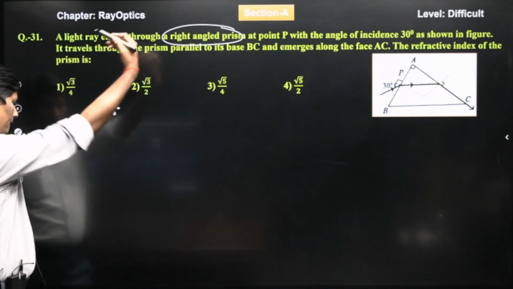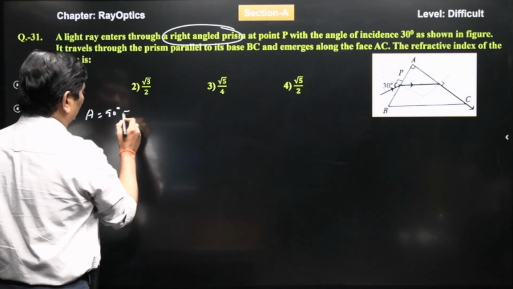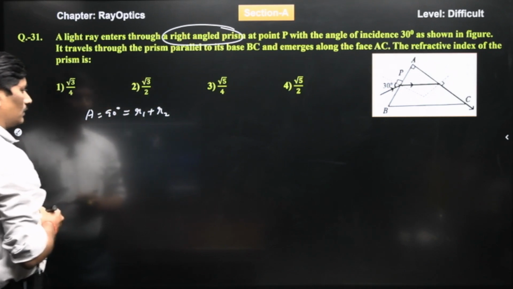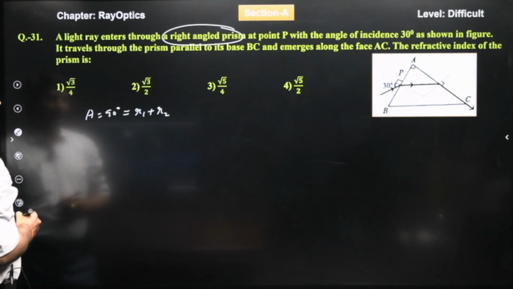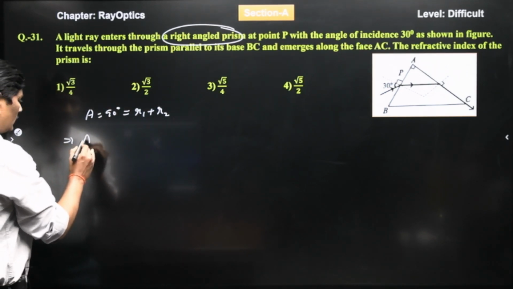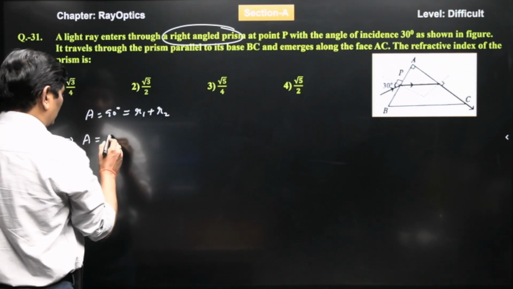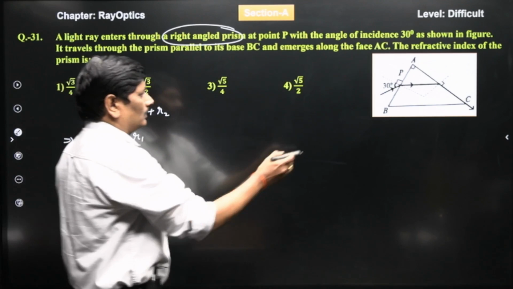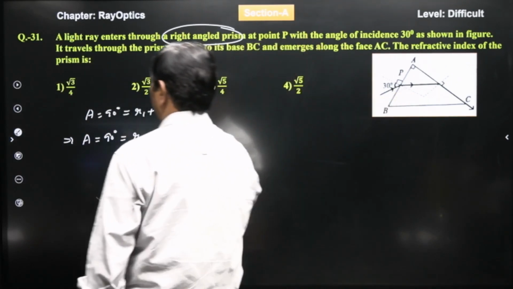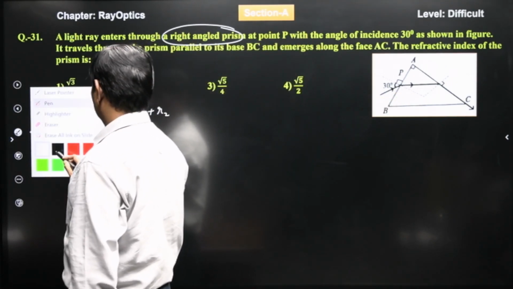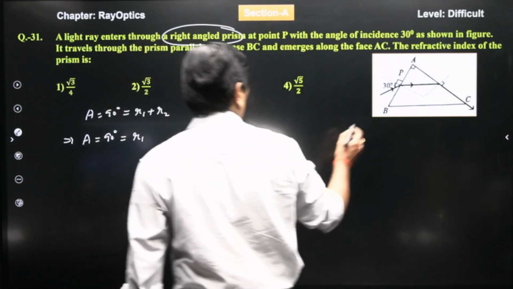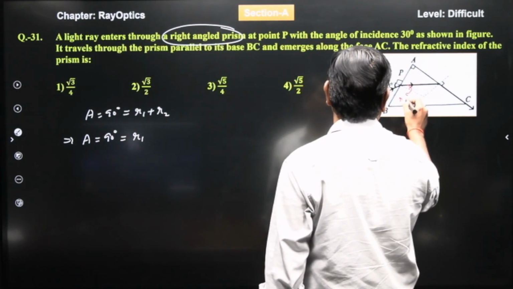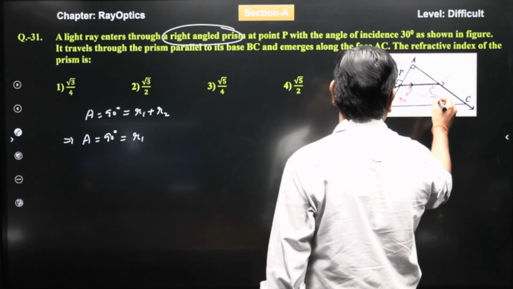Now see, this A, angle of the prism, is the sum of the two angles of refraction, R1 plus R2. In that, A is equal to 90 degrees, is equal to R1 plus R2; R1 we do not know. In the diagram, that R1 is here, this is R1, right, and this is R2.